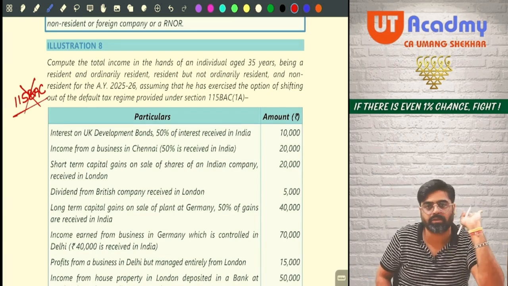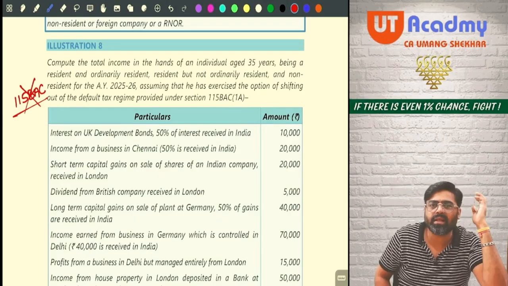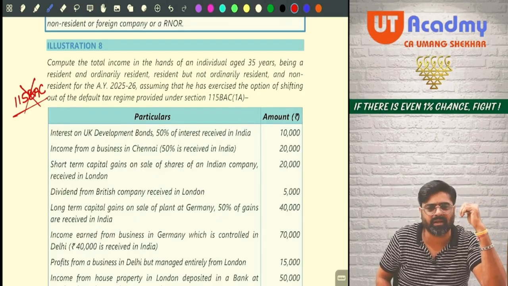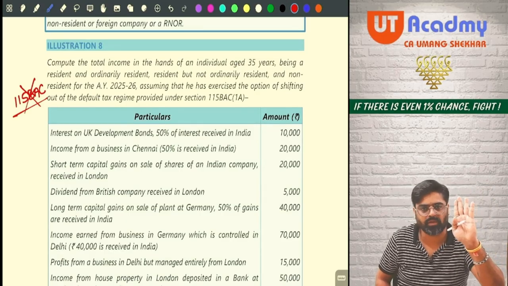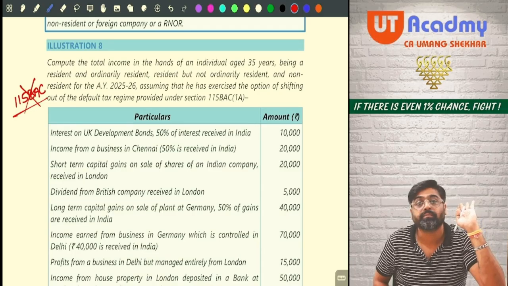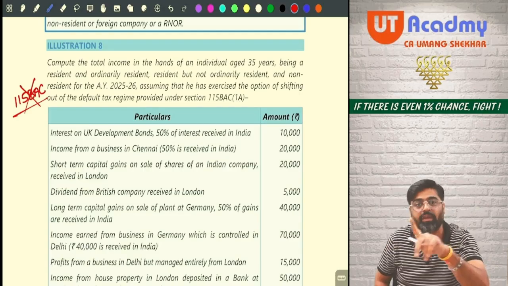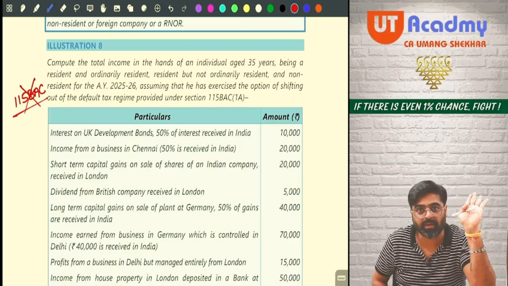It is given in the question. See, if you are following 115BAC, then there are certain exemptions and deductions which you don't get. But if you don't follow 115BAC, you will get all the available exemptions and deductions. So this question right now I am solving as if he is not following 115BAC.